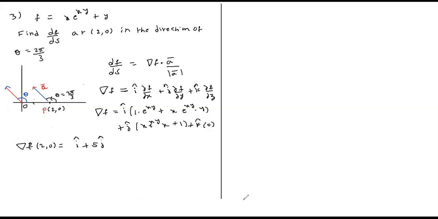Any idea? If theta is the angle, how do you get the position vector? What is the position vector formula? R bar is x i bar plus y j bar for a two-dimensional case.